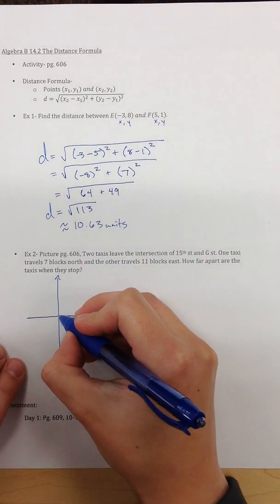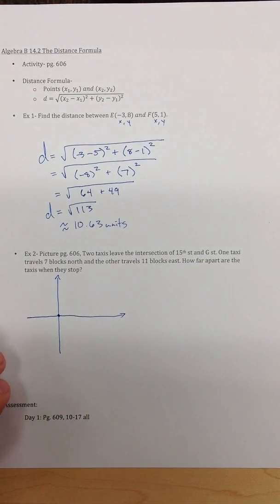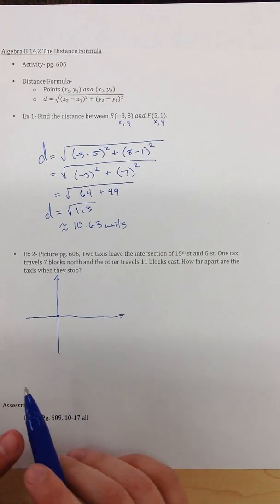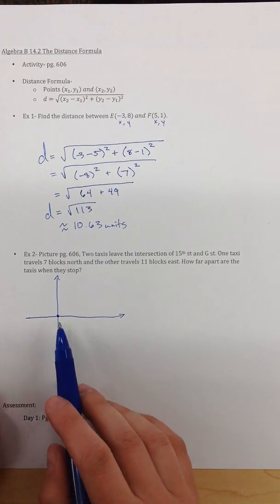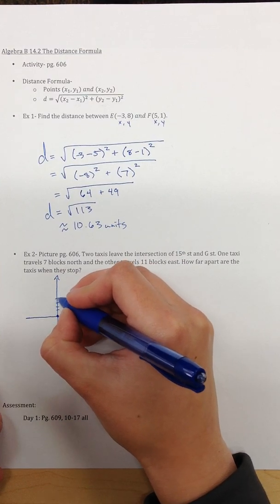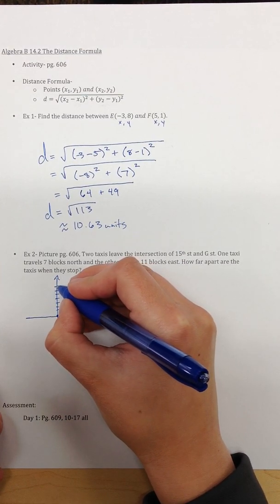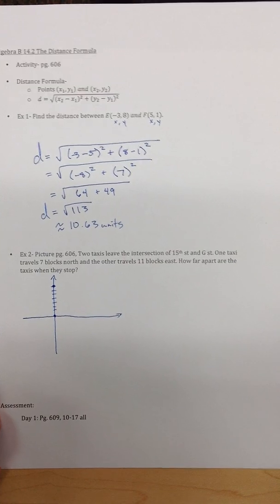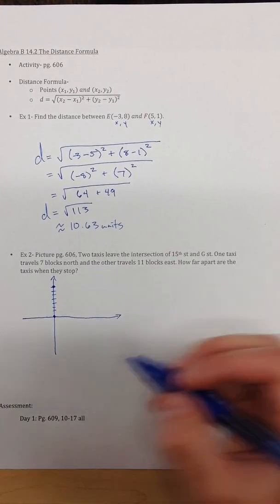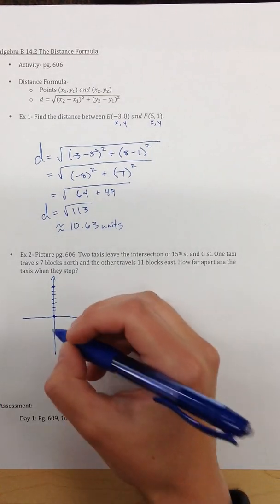My starting point is going to be at 0, 0 because that's where those two taxis are, at 15th Street and G Street. The one taxi starts here and goes 7 blocks north. So 1, 2, 3, 4, 5, 6, 7. The other taxi is going east, off to the right here, 11 blocks.